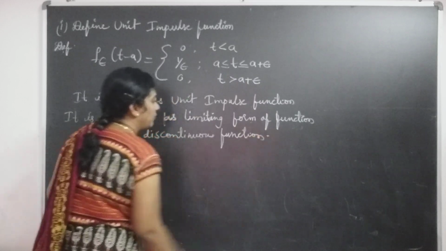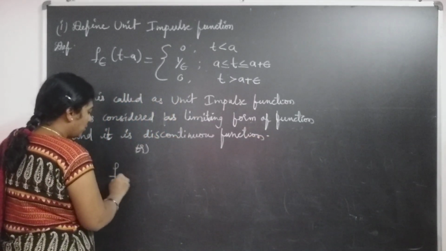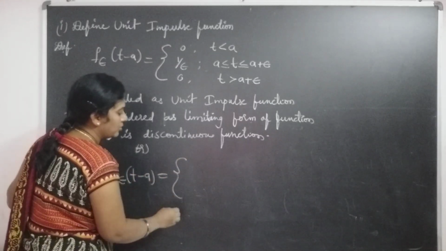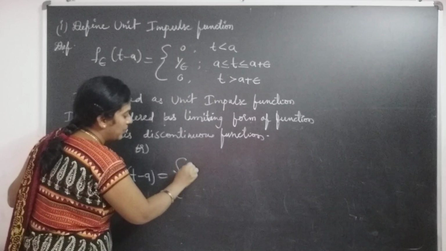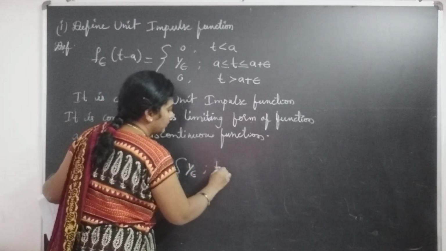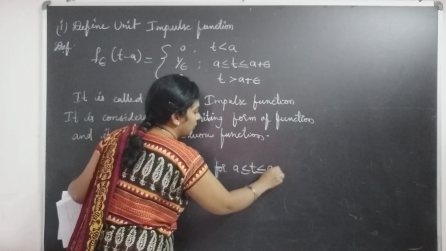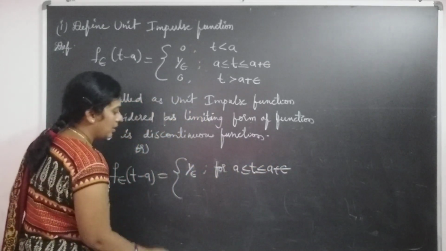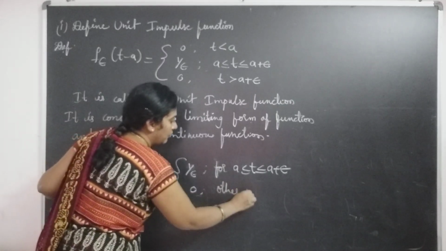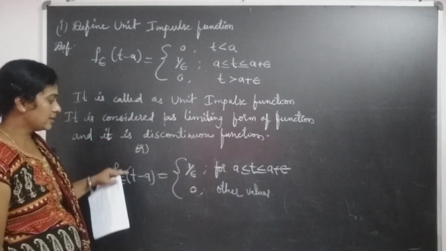It can also be defined in another way: f epsilon of t minus a is equal to 1 by epsilon for a less than or equal to t less than or equal to a plus epsilon, and 0 for other values. This is the same function.